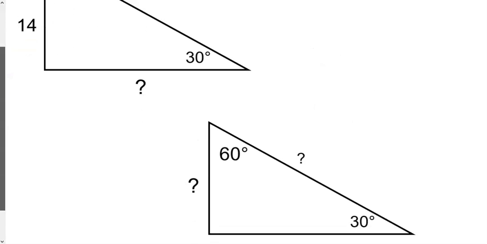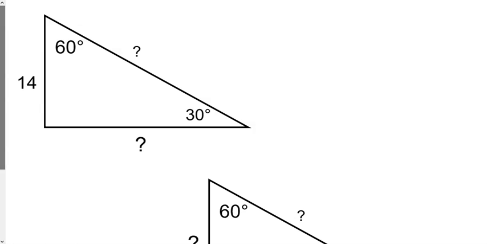All right, now this one looks weird because there's multiple question marks. That's because we can go multiple ways of doing this. So let's say we wanted to use 30. Okay? This is the opposite. Okay? If we wanted to find this, it's the adjacent. So that's tangent.